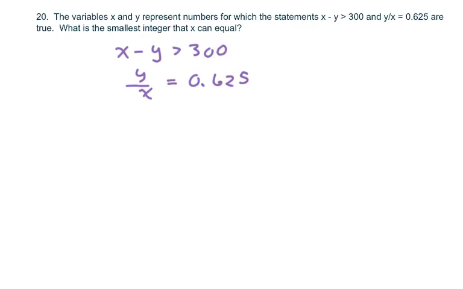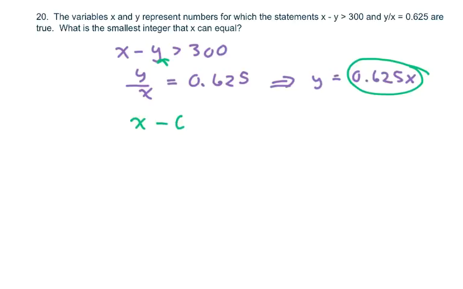So the first thing I want to do is substitute for y. I'm going to rewrite this as y equals 0.625x. And then I'm going to substitute it back into this y here. So we get x minus 0.625x is greater than 300.